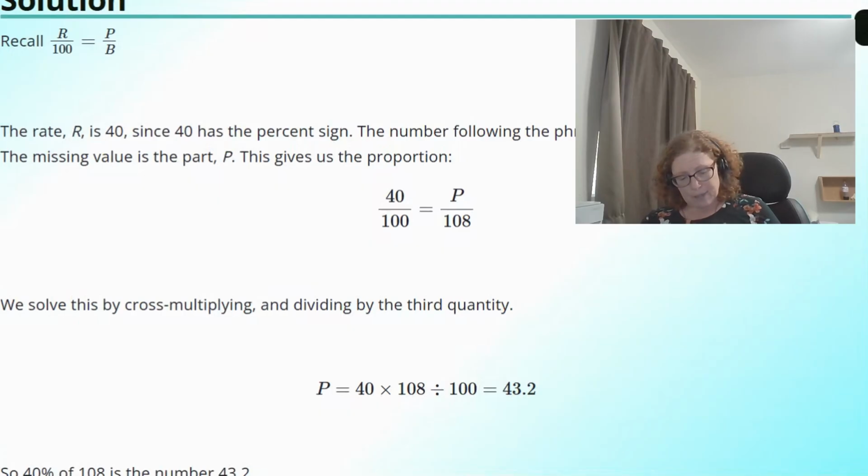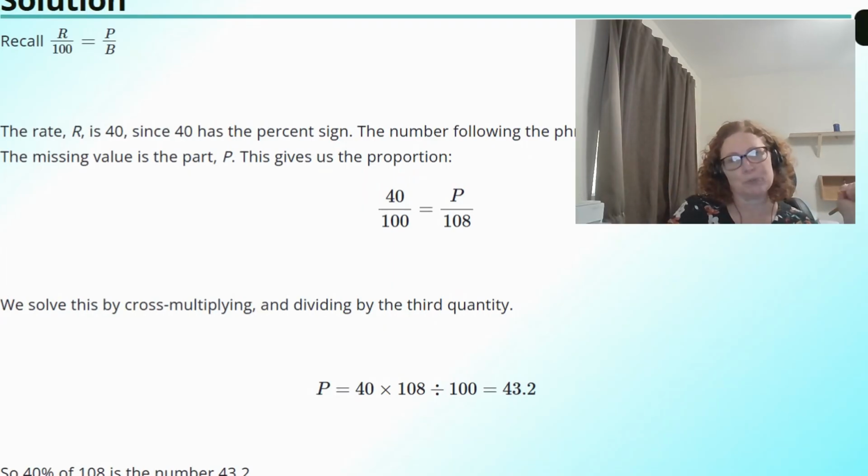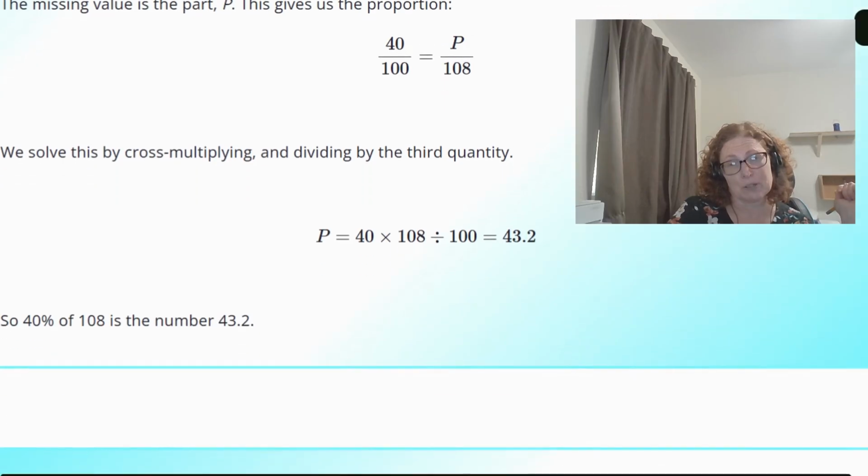And then we divide by 100, because we're saying 100 times P, and we're trying to find the value of P. So 4320 over 100 ends up being 43.2. So that's your part. Your part is 43.2.